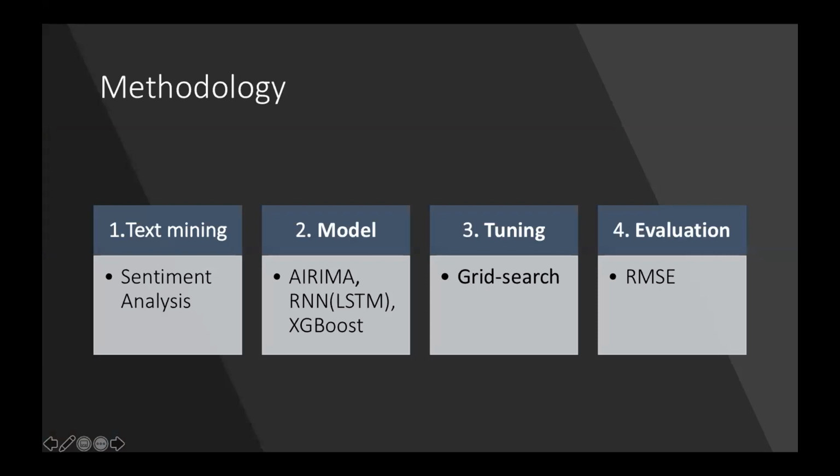For my methodology, I do some text mining for sentiment analysis, and I use ARIMA and long short-term memory, and I use XGBoost. For parameter tuning, I use grid search in XGBoost, and I use RMSE for evaluation.